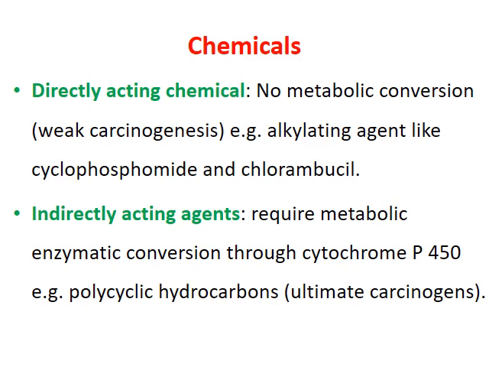These are called weak carcinogens. Examples are cyclophosphamide and chlorambucil. While indirect acting agents, from the name, means that they need metabolic enzymatic conversion so that they will become stronger in order to produce malignancy.